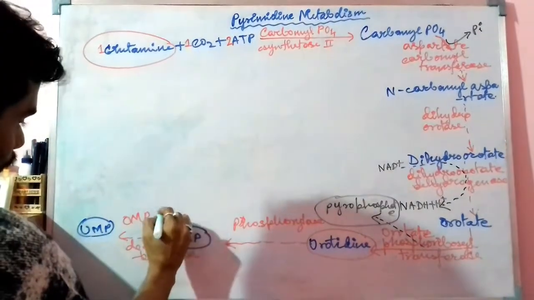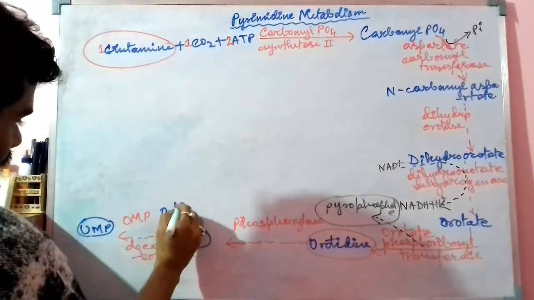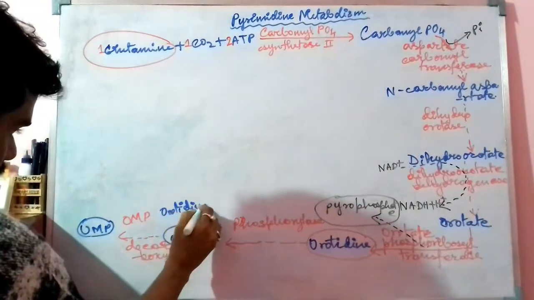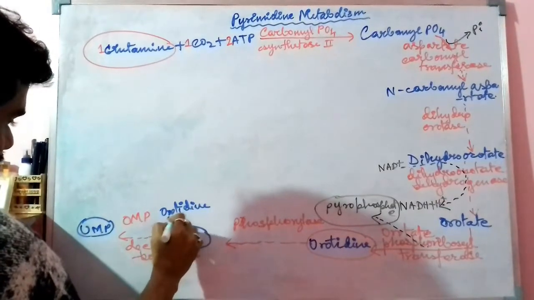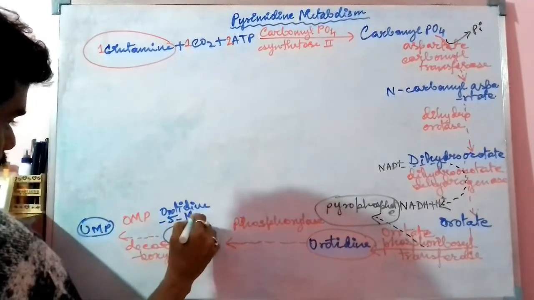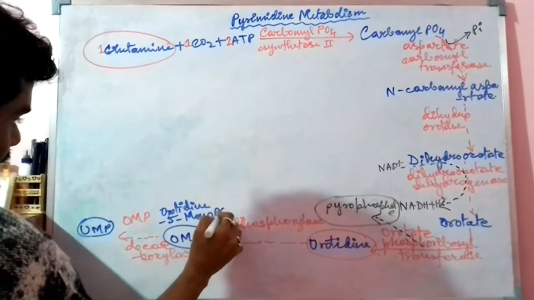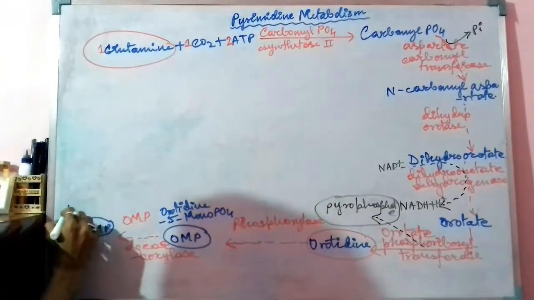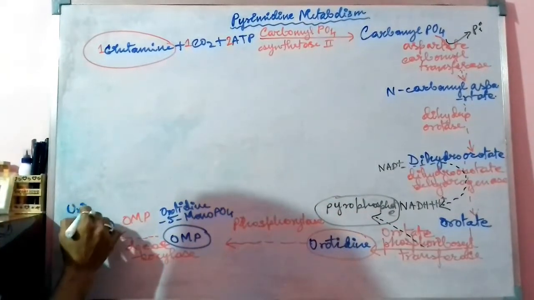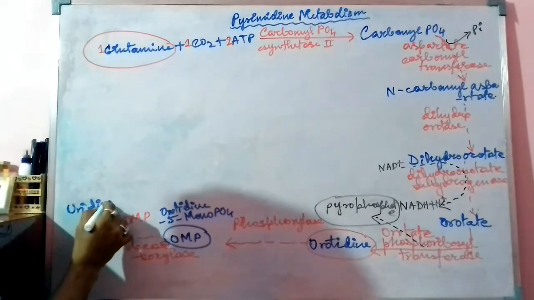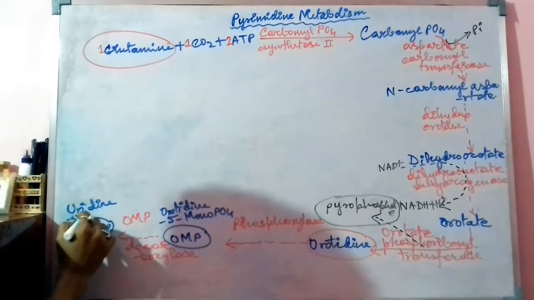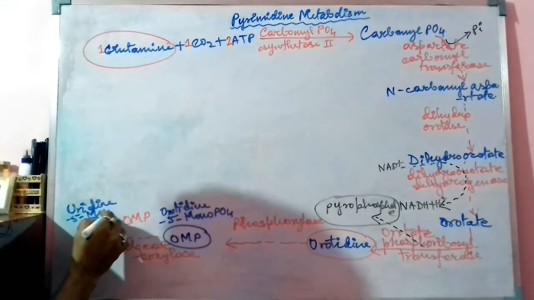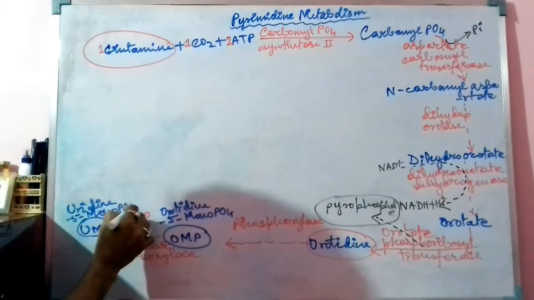This is orotidine 5 monophosphate, and this is uridine 5 monophosphate.